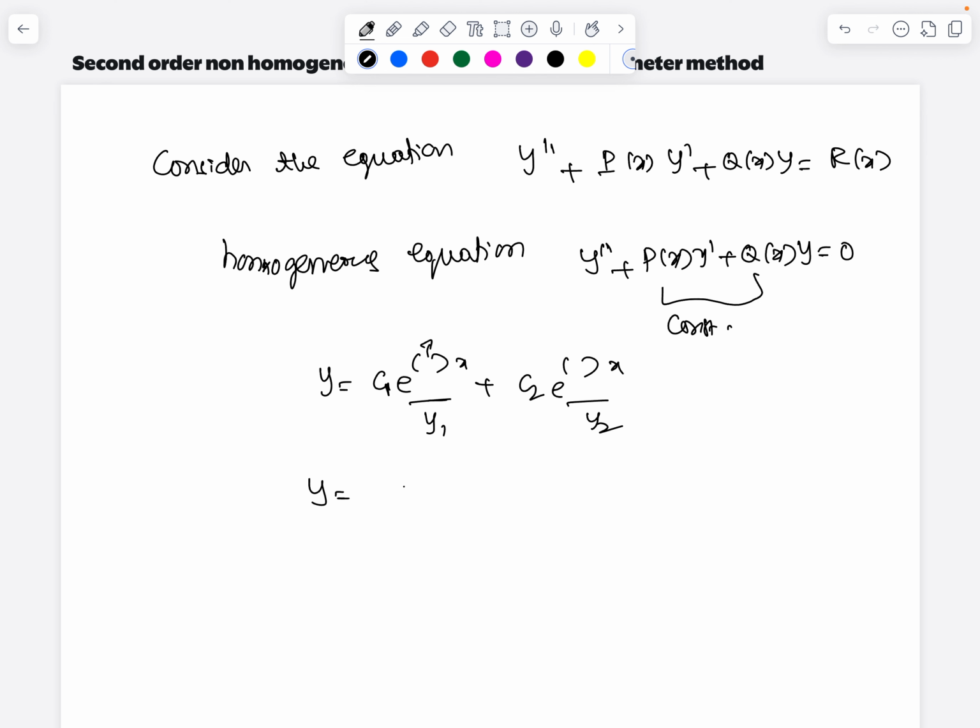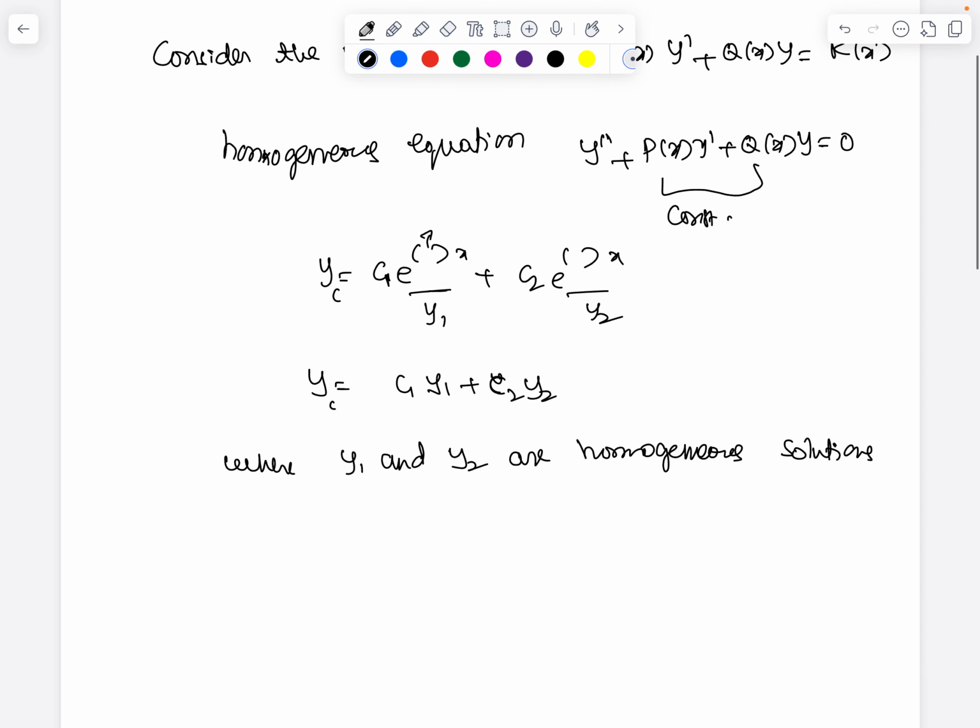Then the complementary solution is y c equals c1 y1 plus c2 y2, where y1 and y2 are homogeneous solutions. Therefore, the linear combination is also a solution to the homogeneous differential equation.